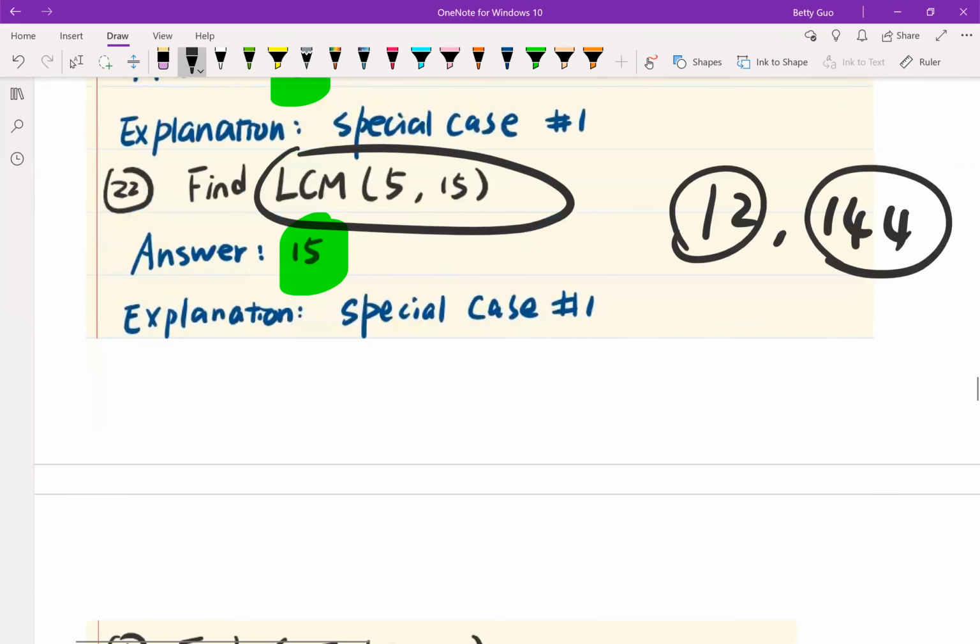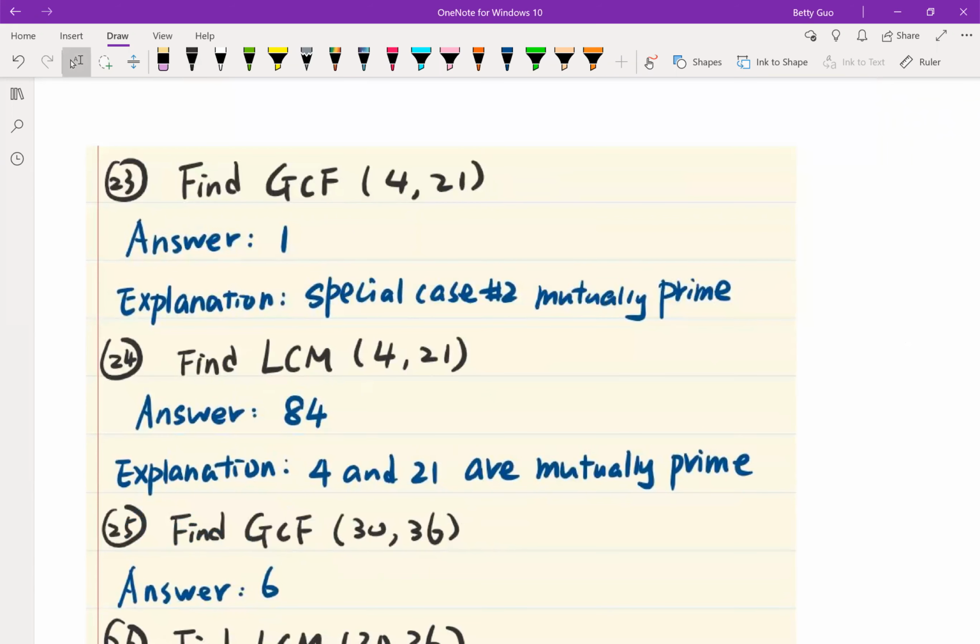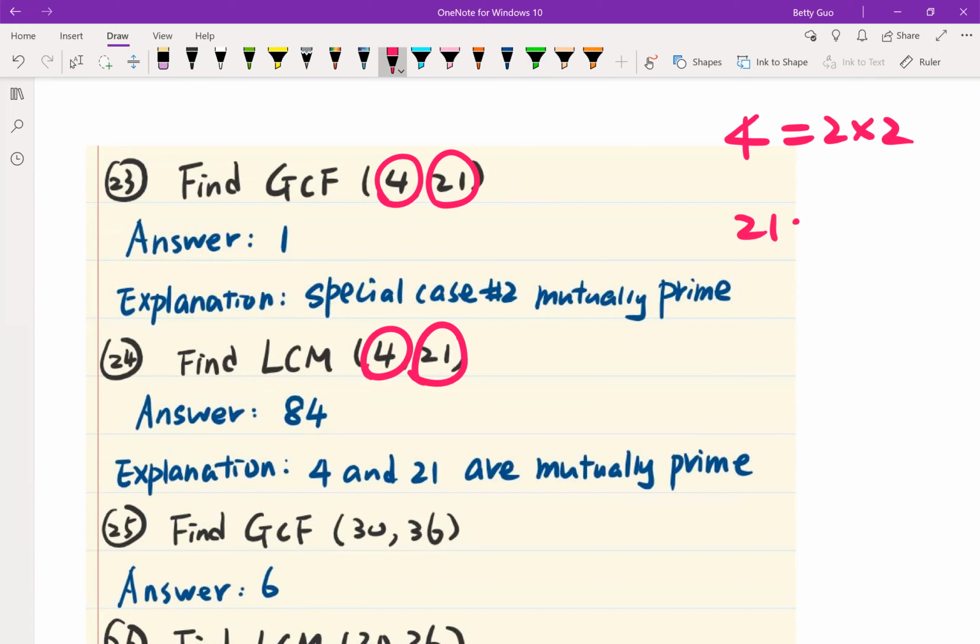And number 23 and number 24, you're going to find the GCF and the LCM for 4 and 21. If you prime factor the two numbers, 4 is 2 times 2. 21 is 3 times 7. Look at the two numbers. Do they have any common factor except 1?